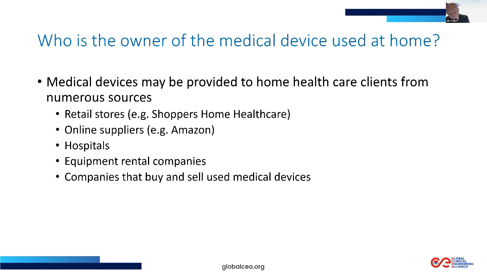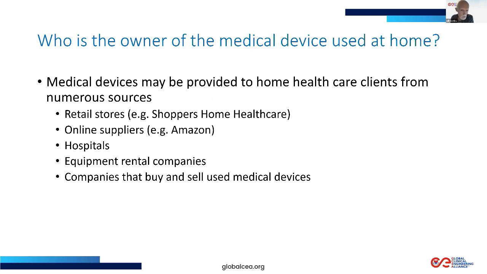The first problem with applying any of these practices in the home care situation is the question of who owns the medical device that's being used at home. Again, this is a subset of possible outcomes. Retail stores, I'm referring to a Canadian chain of pharmacies, sell some of the simpler home healthcare equipment like wheelchairs, oxygen concentrators, pulse oximeters.